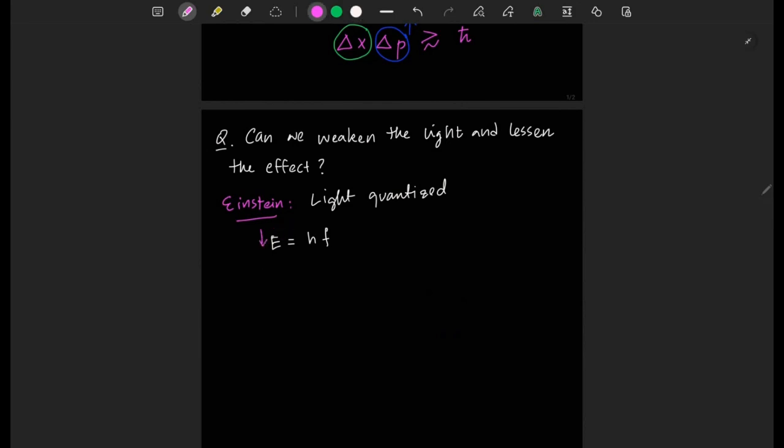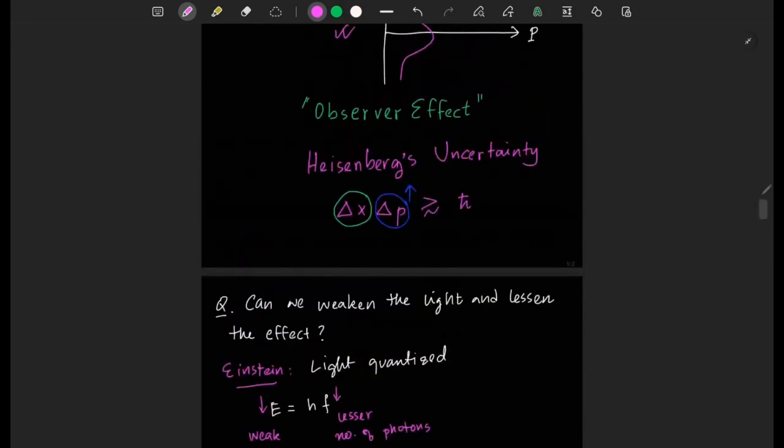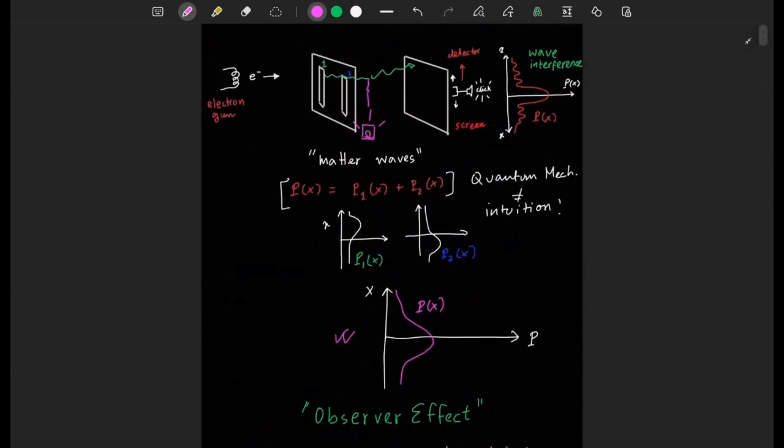Low energy means weak, and low energy then entails low frequency. That means a lesser number of photons. But that just means that sometimes when electrons are emerging out of either slit 1 or 2, we miss seeing them. All right, we don't really see them.